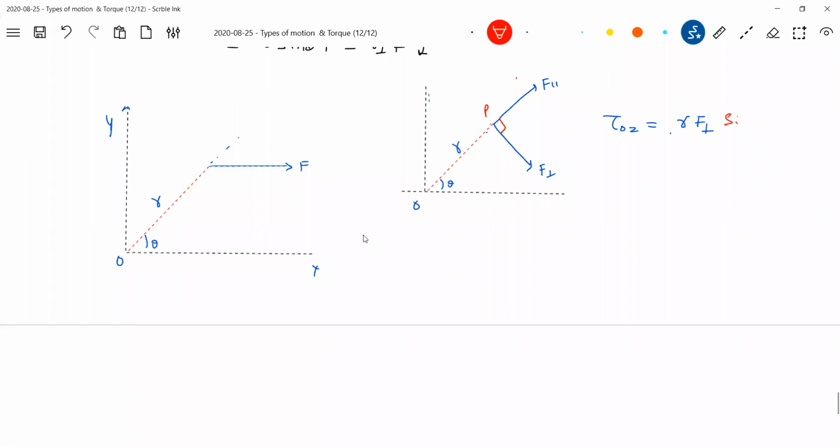It will be 90. This will be much easier, no? What is further? This is theta, no? What is F perpendicular? F perpendicular is F sine theta. F parallel is F cos theta.